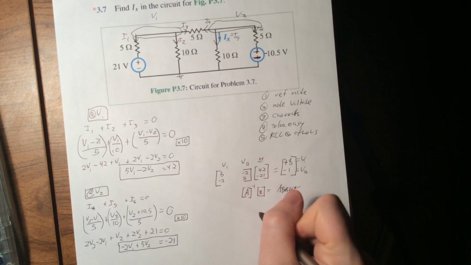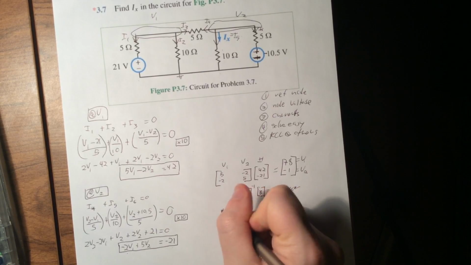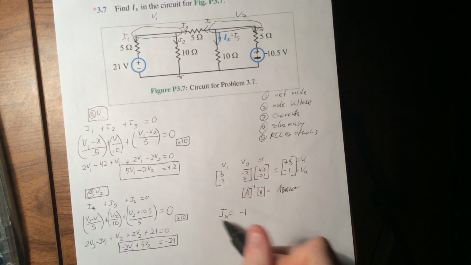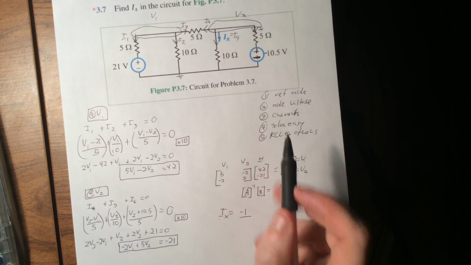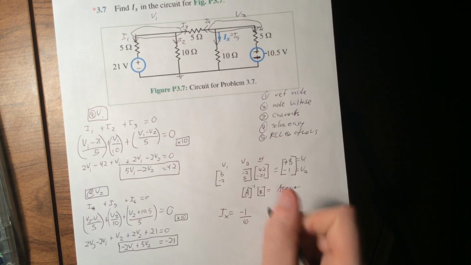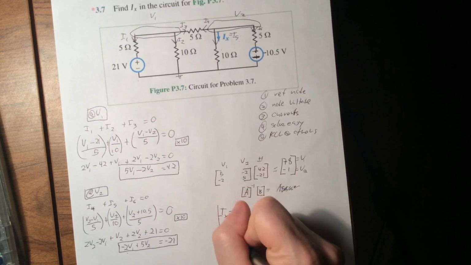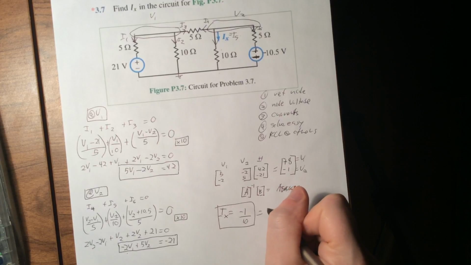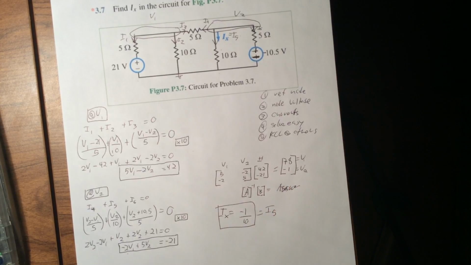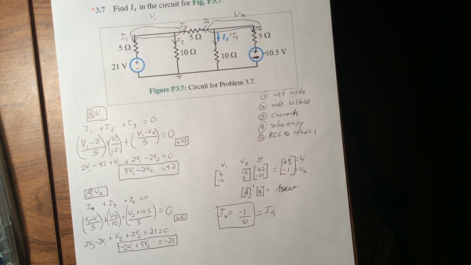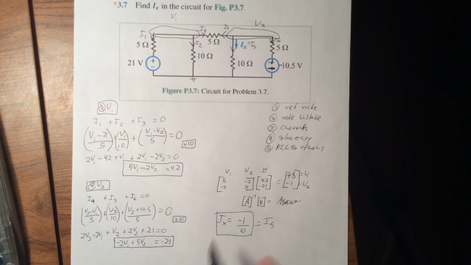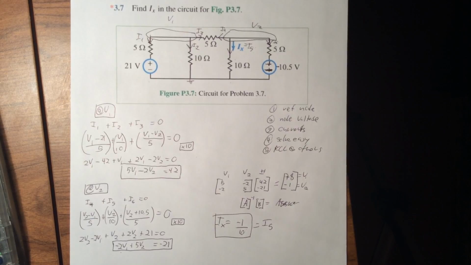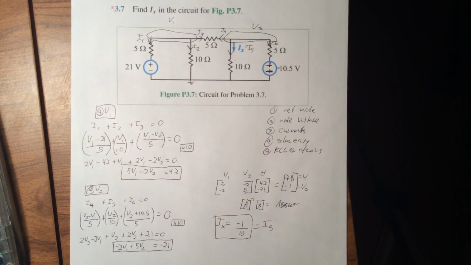We've got minus 1. Ix equals minus 1 over R. What is the R for this one? 10. That's just the answer right there. Ix equals I5, minus 1 over 10. So actually the current's coming in the opposite direction, but it doesn't really matter. We have the answer right here, and it matches our drawing up there. So that one is done too. That's 3.7.